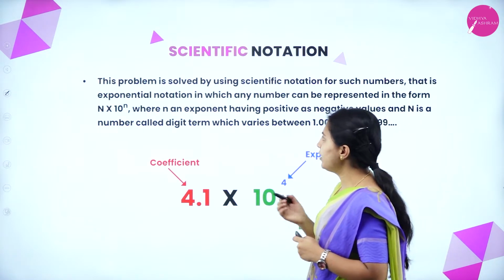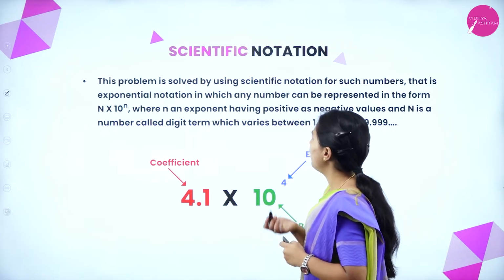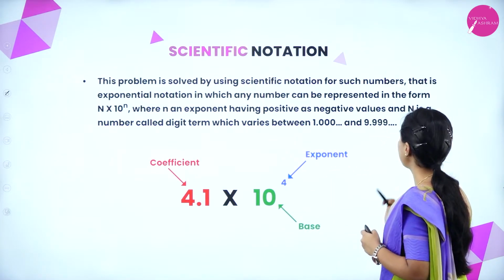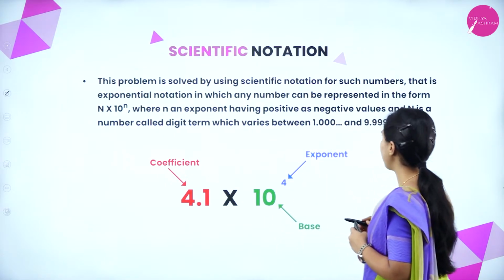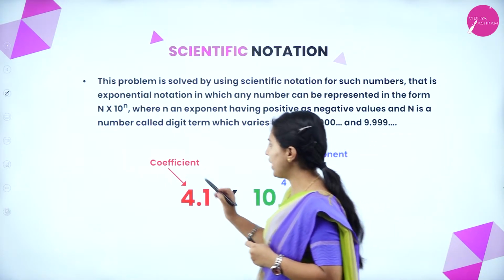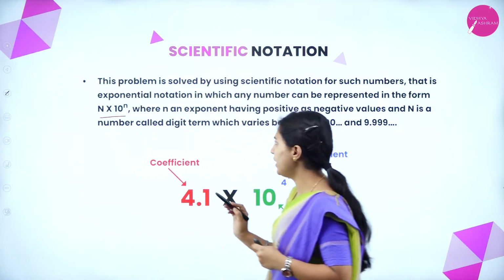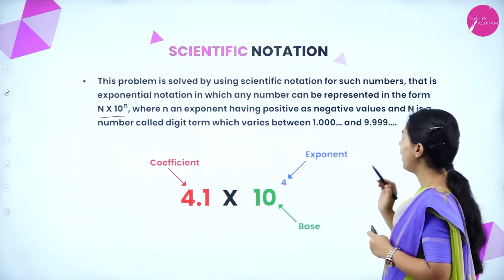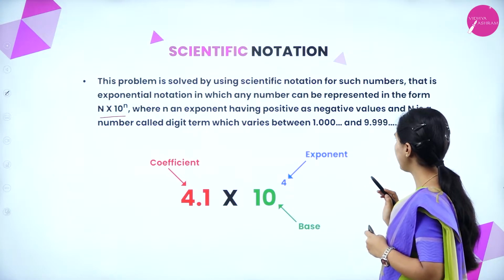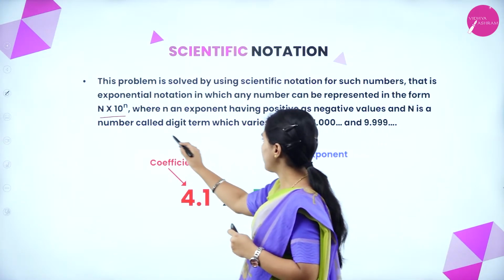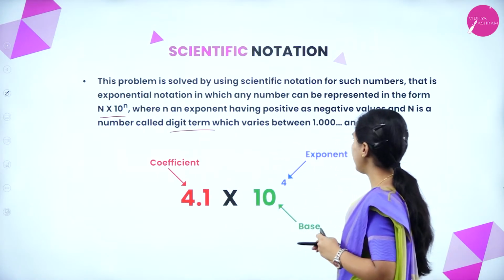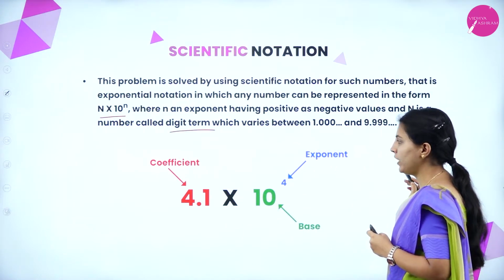Next, this problem is solved by using scientific notation for such numbers, that is exponential notation, in which any number can be represented in the form of N into 10 to the power n, where n is the exponent having positive or negative values, and big N is the number called digit term, which varies between 1 to 9.999.